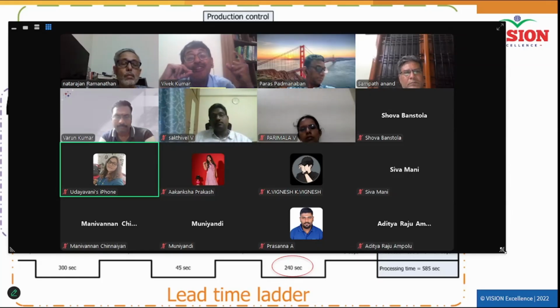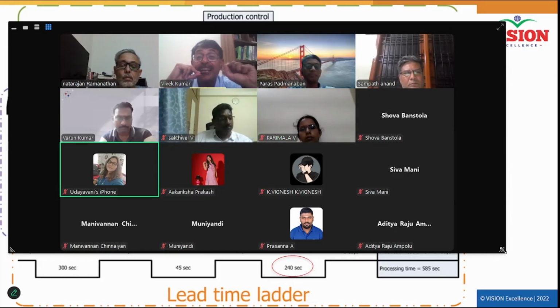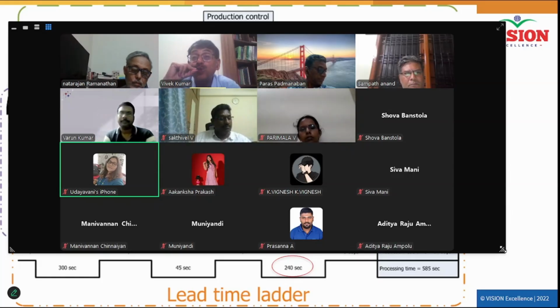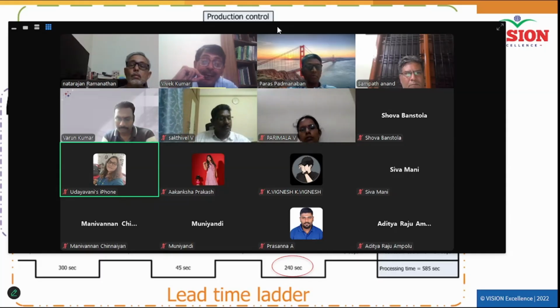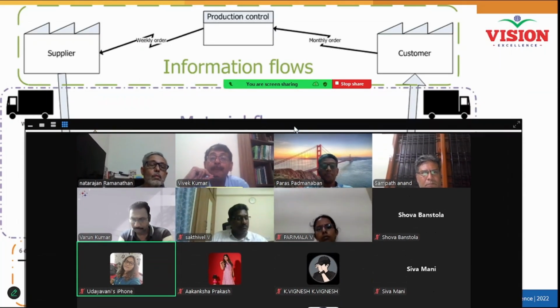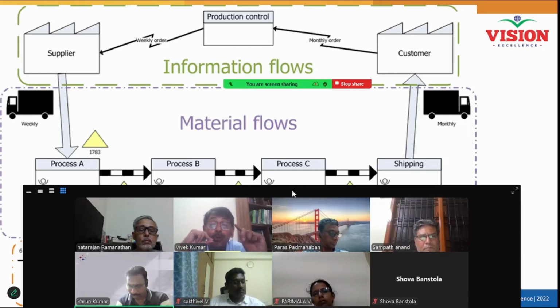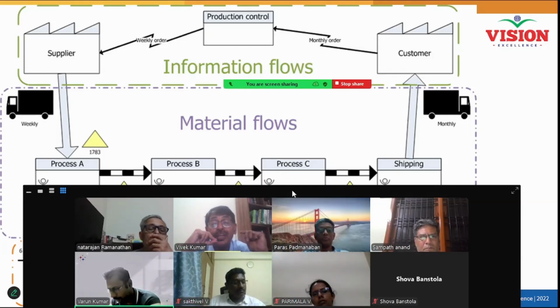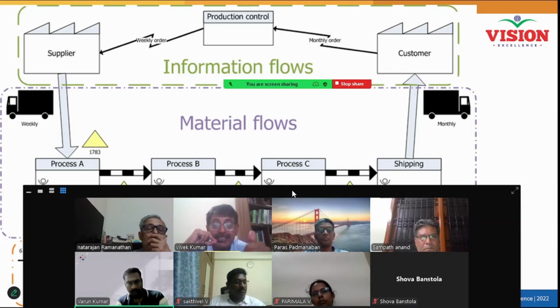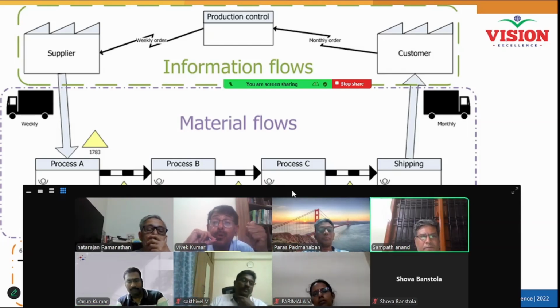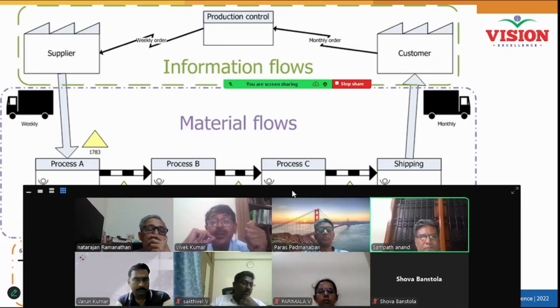As Paras Bhai correctly mentioned, we will not only process in small batches, we will also procure in small batches. Delivering in small batches or not is up to the customer, whether he wants it delivered in small batches or large batches. But definitely as an organization we can process in small batches, and we shall procure in small batches, yes or no. Show me a thumbs up if everyone is clear about that.